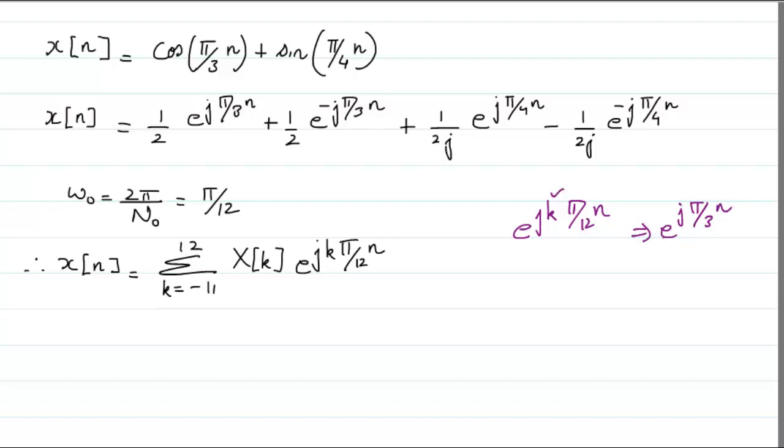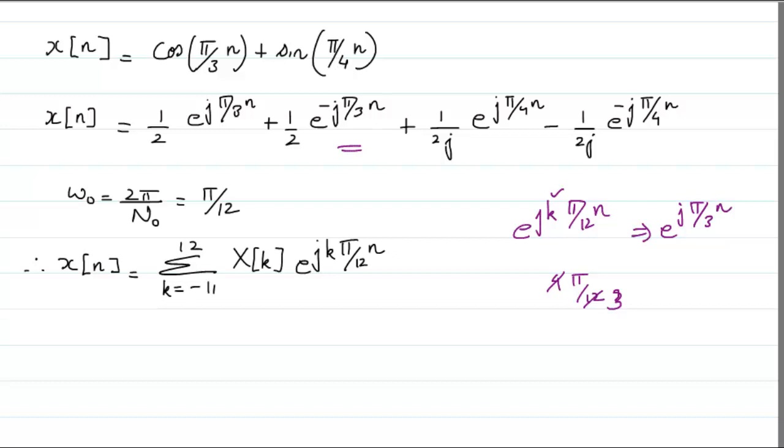We can very clearly see that 12 is 3 into 4. So if I write k is equal to 4, then 4 pi by 12, 4 and 12 will cancel out to give me pi by 3. So for k is equal to 4 we get pi by 3, and if I want minus pi by 3, then k is equal to minus 4.